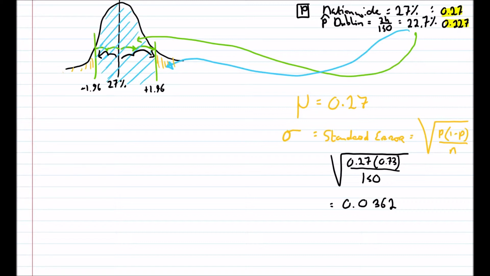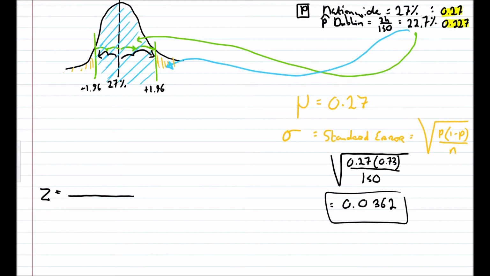Right, so the next thing we do is we change this to a z-score. And how we get our z-score is we have our number, we take away the mean, and we put it all over our standard error, our standard deviation.